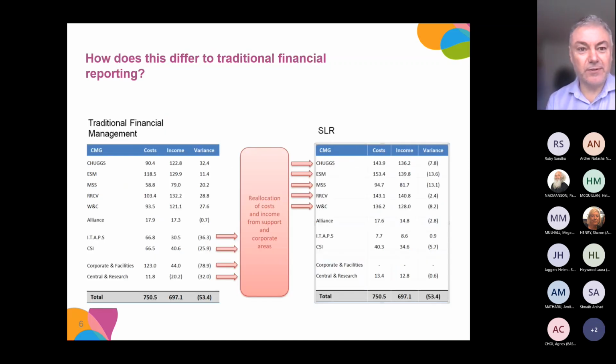So how does that differ to traditional finance reporting, service line reporting? So the table on the left is traditional financial management, where we've got our clinical services down the left-hand side, and we've got the cost, income, and a variance.